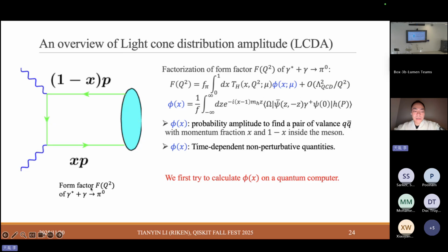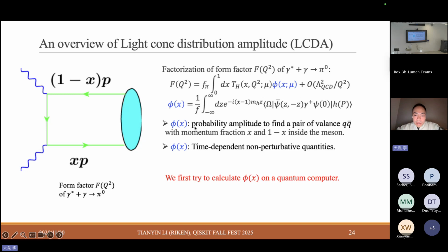And here is the form factor of the gamma star plus gamma to pi zero process. When the collision energy Q squared is very high, the form factor F of Q squared can be factorized into two parts, which are T_H and phi. The T_H can be calculated perturbatively, and the phi here is the light-cone distribution amplitude.